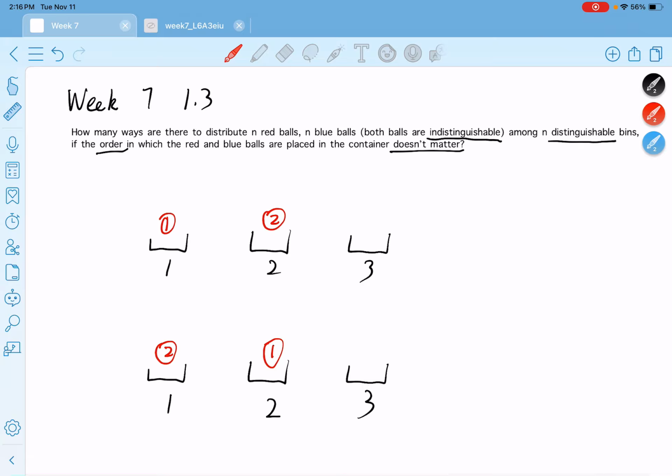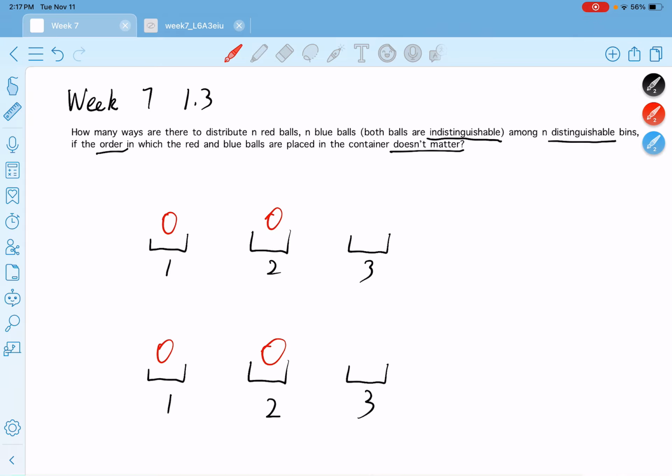If the balls are distinguishable, then these two cases are not the same, because the balls are labeled and you can see that the red balls are matched with different bins. On the other hand, if they are indistinguishable, then all the red balls are just the same, so you cannot tell the difference between the two cases. That is what distinguishable and indistinguishable mean.